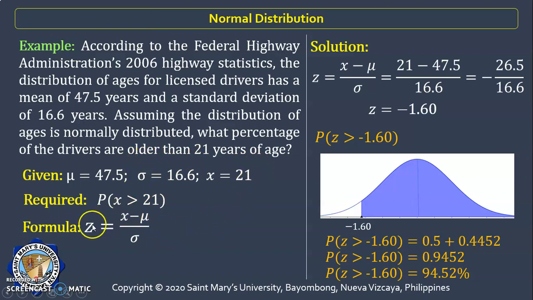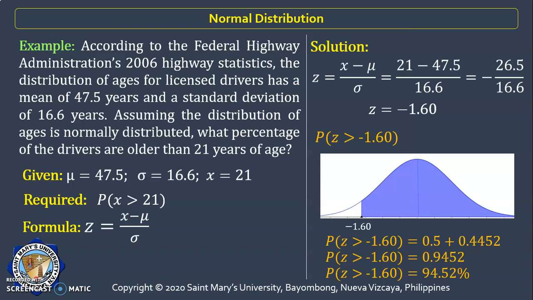So first, we have to convert 21 to a z-score. By substitution, we have 21 minus 47.5 divided by 16.6, which is negative 26.5 over 16.6, approximately equal to negative 1.60. So we are looking for the probability that z is greater than negative 1.60, because it says older. So we know that the right portion has an area of 0.5.